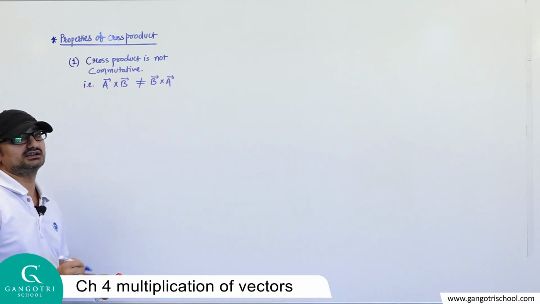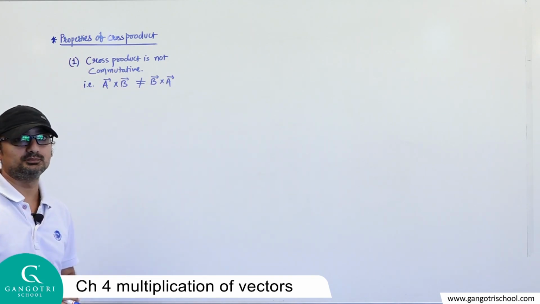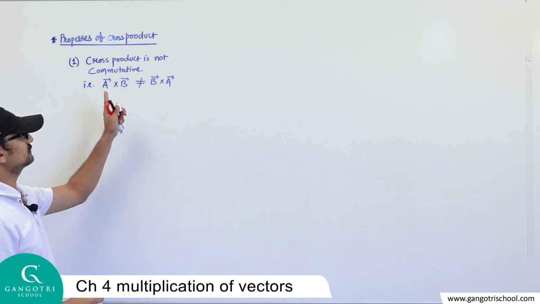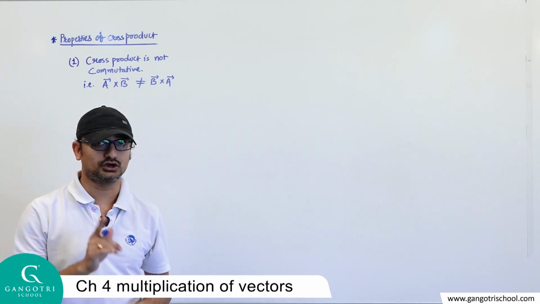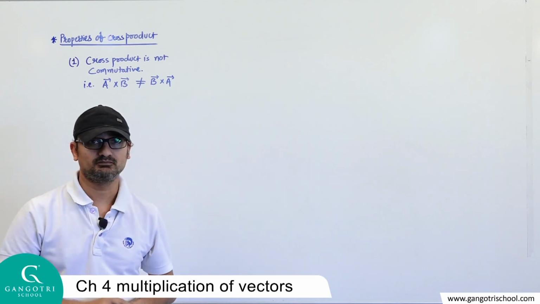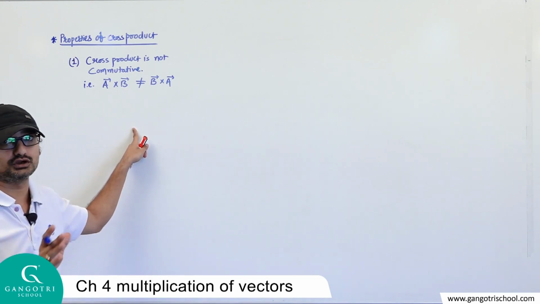Now let's understand the most important reason why cross product is not commutative. Remember, dot product is commutative, A dot B equals B dot A, but cross product is not commutative.